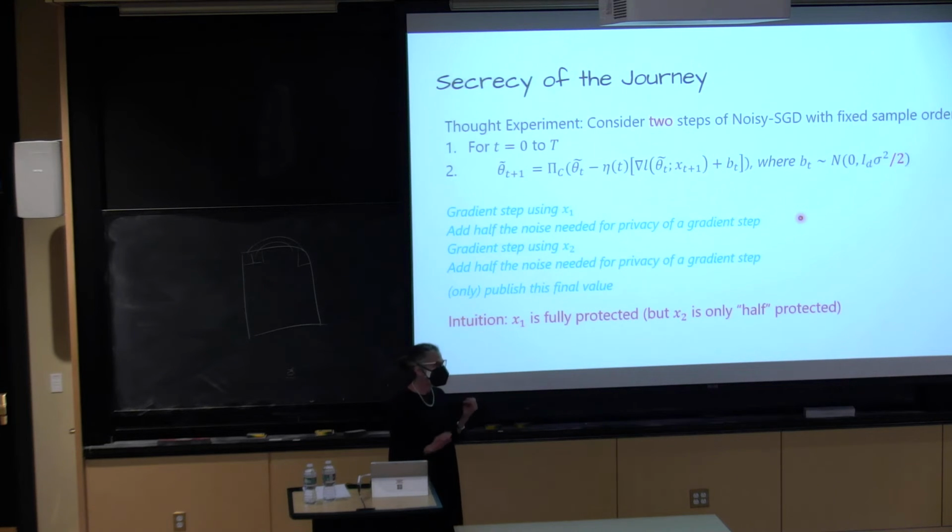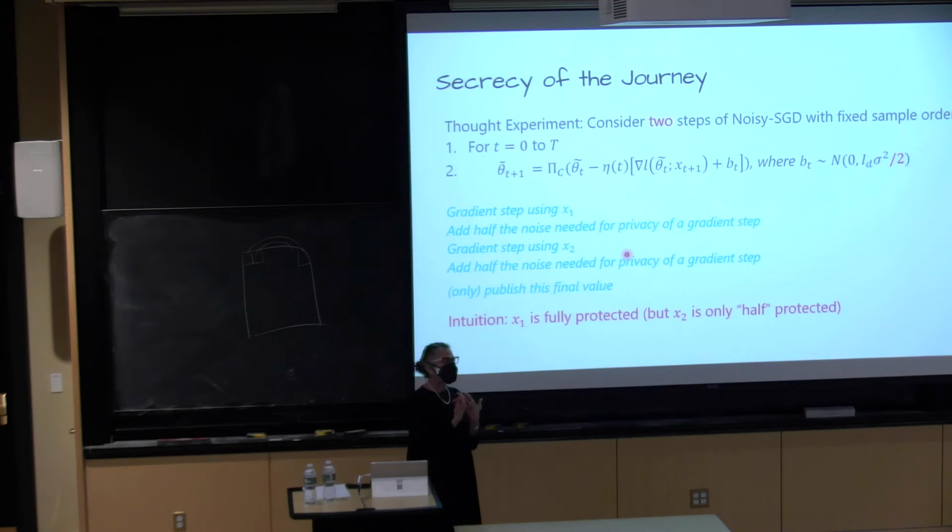Then we take a gradient step using x2. Again, no secret about x2. And again, we add noise scaled to half the variance that we would need for protecting x2.